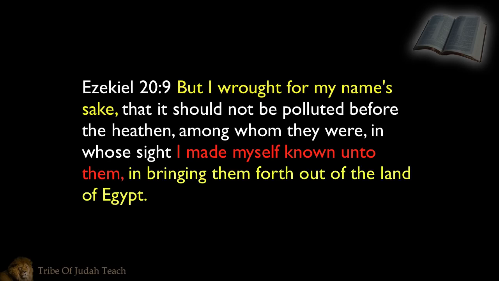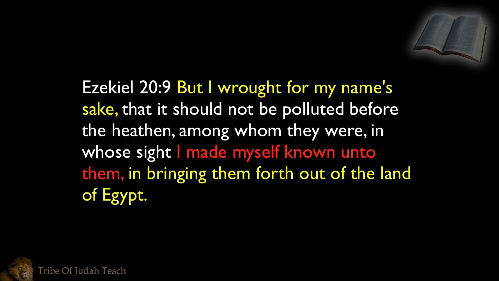How? "In bringing them forth out of the land of Egypt." That's not talking about a literal name. That's talking about an experience. The Most High made his name known to the children of Israel through the experience of delivering them out of Egypt. That's what Exodus 6 and 3 is talking about.